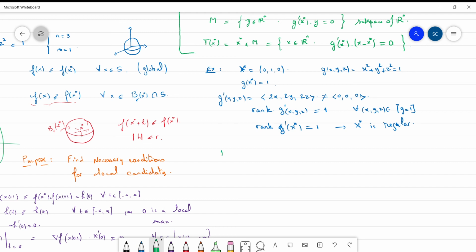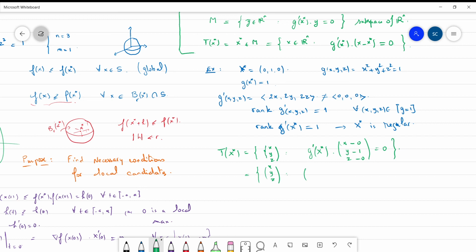We said T at x star will be the set of all x, y, z such that the derivative g prime at x star, applied to (x minus 0, y minus 1, z minus 0), equals 0.